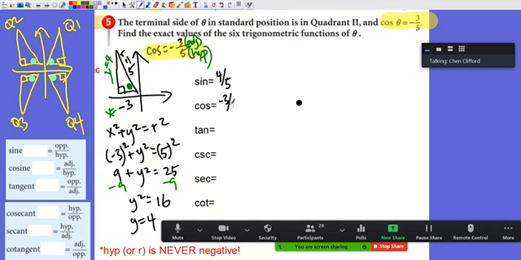Cosine, tangent, cosecant, secant, and cotangent. And by the way, cosine right here, they already gave you cosine. So that's like a duh. It's already given.